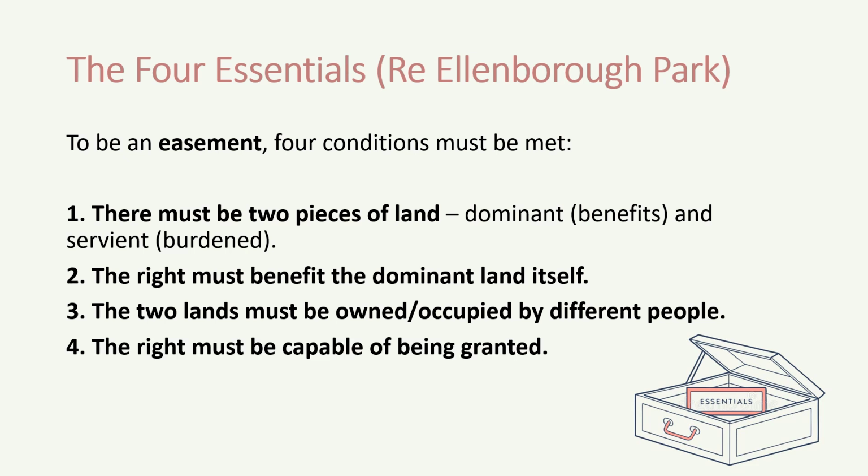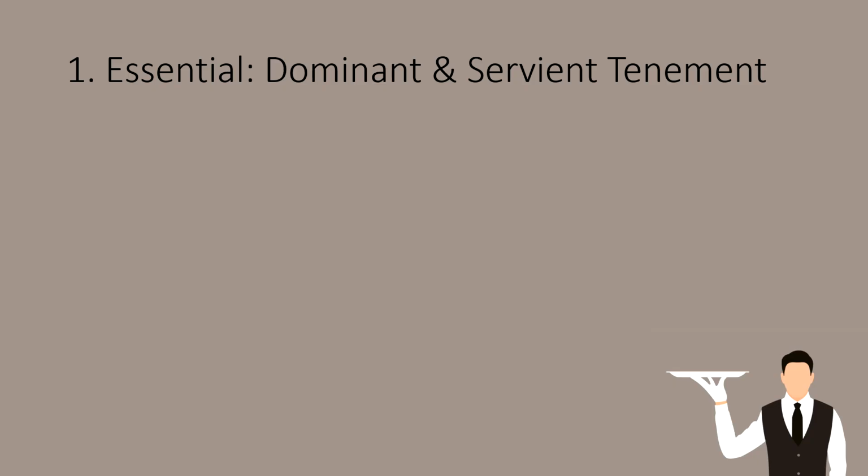And then the fourth one, that's another one that is quite tricky and complicated. It says that the right must be capable of being granted, which is a bit of a weird phrase again that doesn't really tell you much. But we have a look at each of the four conditions in more detail.